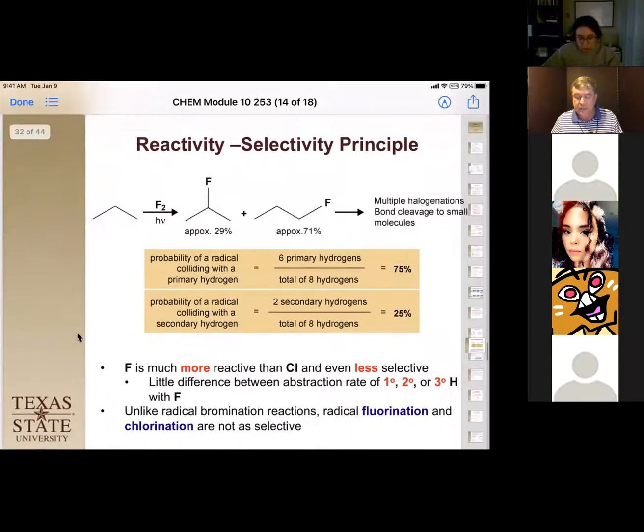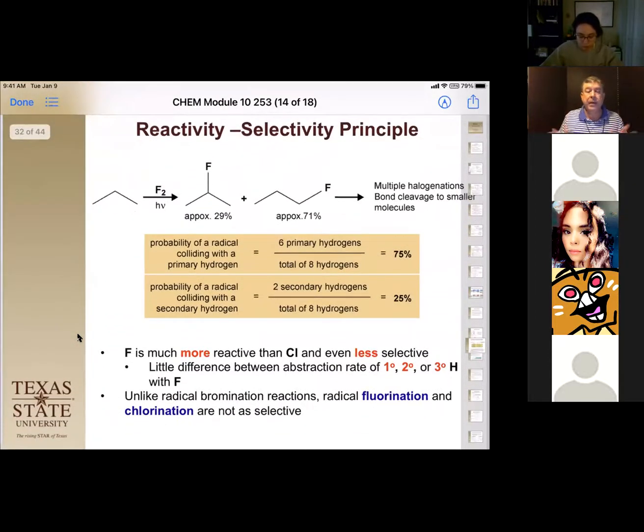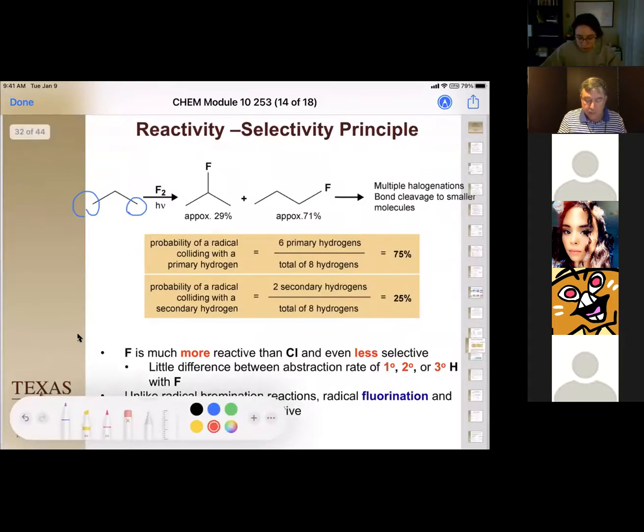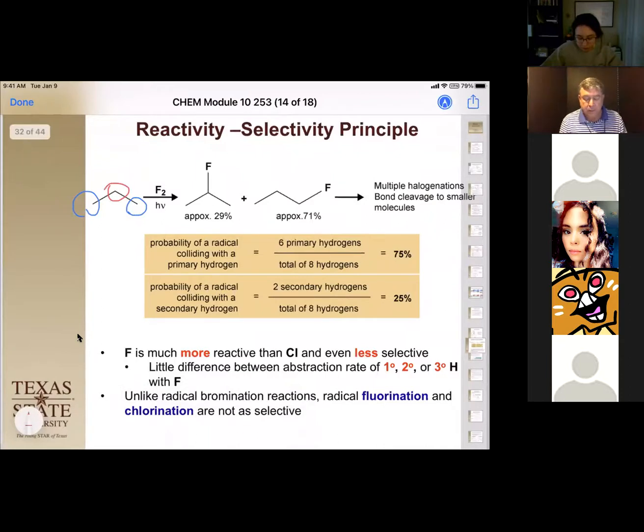Okay, so let's talk about selectivity and reactivity. Okay, so statistically, we have 3 hydrogens here and 3 hydrogens here, which are equivalent because they're primary hydrogens. And then we have 2 hydrogens here. So basically we have a total of 8 hydrogens available to us, and 2 are secondary and 6 are primary.